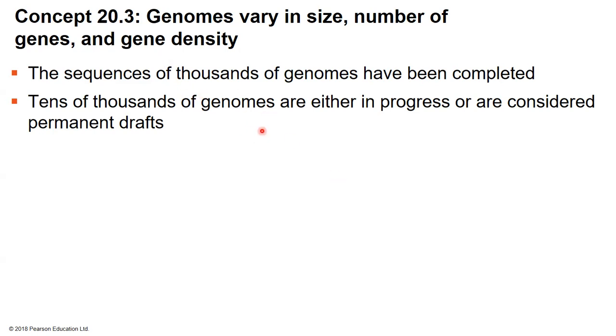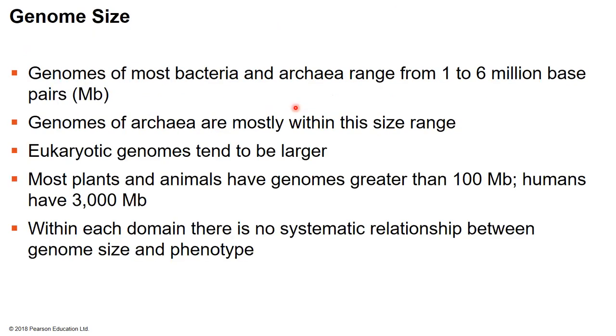And now we can study the genomes of many organisms because scientists have successfully sequenced the genomes of thousands of different organisms. This is made possible because of innovations in DNA sequencing technologies and computer software and hardware. So let's talk first about the genome size.